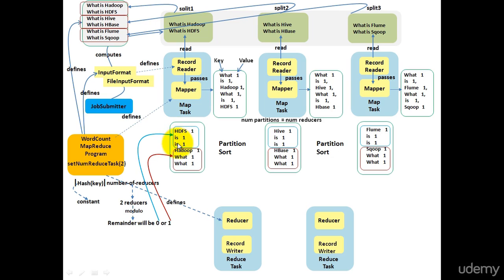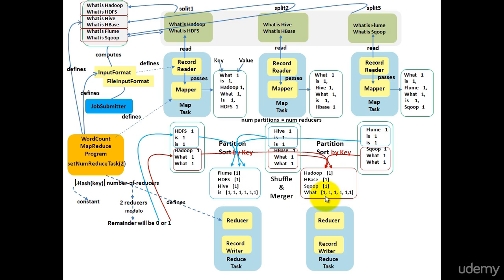An important point to note here is that the partition is always sorted by key. The partition is never sorted by value. It is always sorted by the key. After sorting, shuffle and merge comes into picture. In shuffle and merge, each reducer will take one partition from all the map tasks and merge it together. In this way, all the values of a particular key from all the map output will always go to the same reducer.